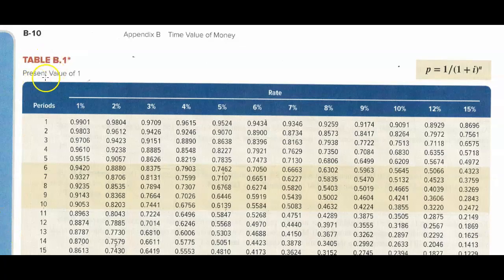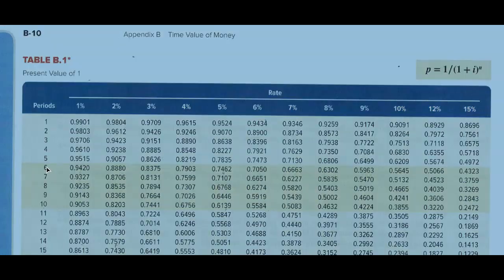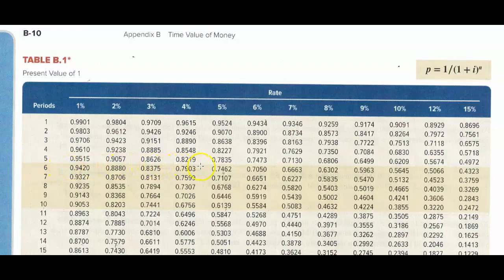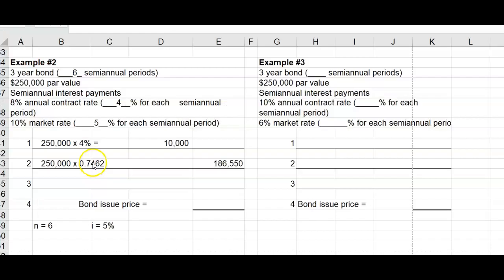Table B1, present value of 1 lump sum, where N equals 6 and I equals 5%. And we have a factor of 0.7462. And that equals $186,550.